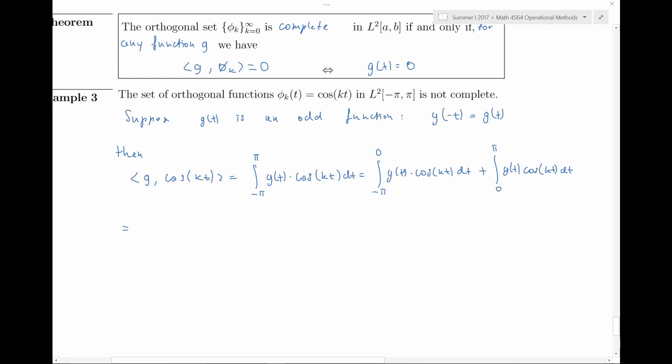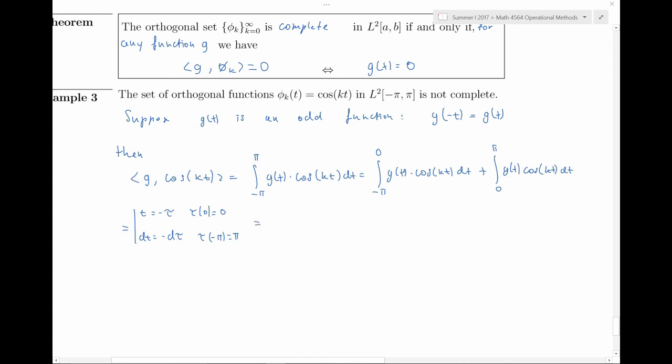I'm going to flip the first integral. I know that t is negative. I'm going to employ change of variables in the first integral. I'm going to say that tau is negative t, and then dt is negative d tau, and the tau of 0 is 0, and the tau of negative pi is pi.